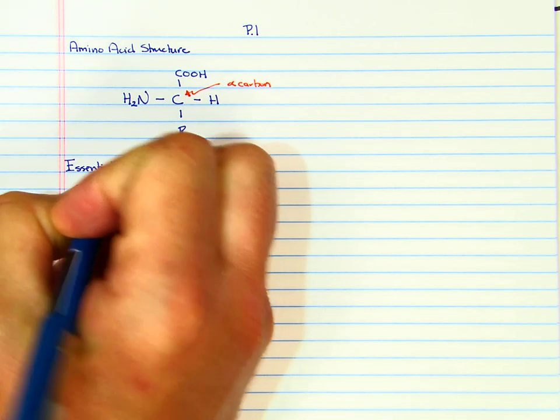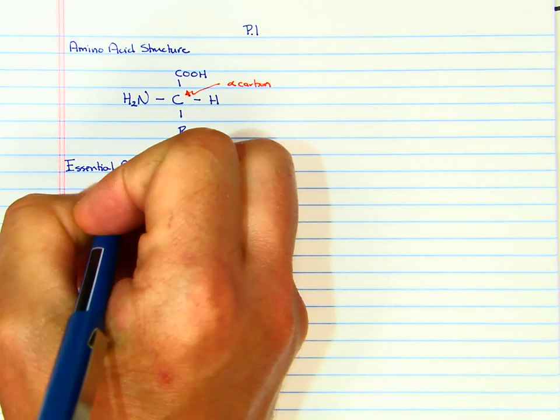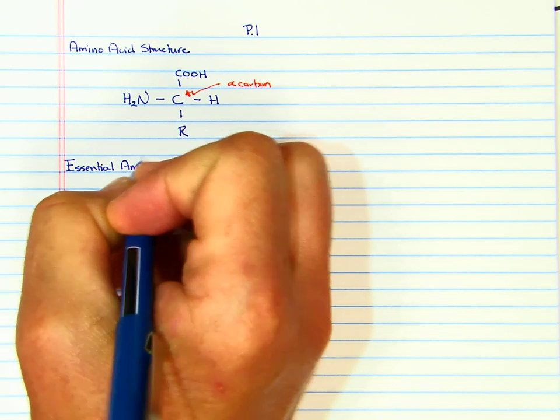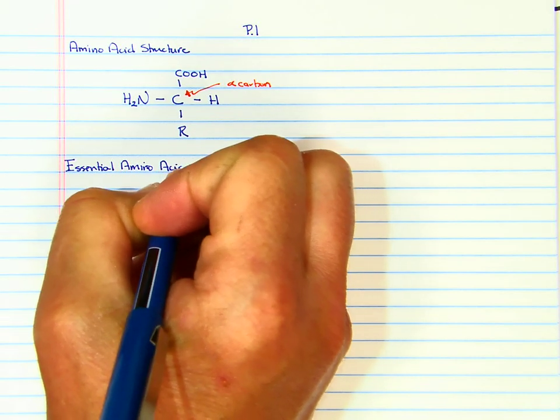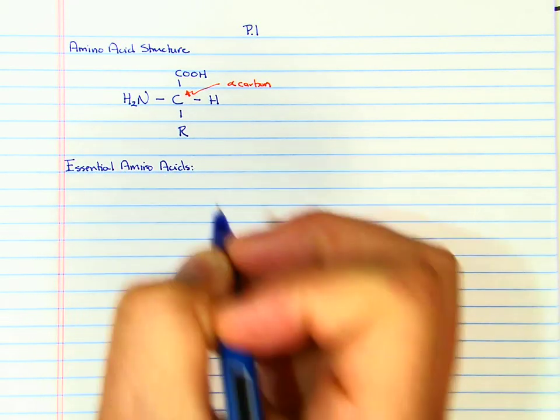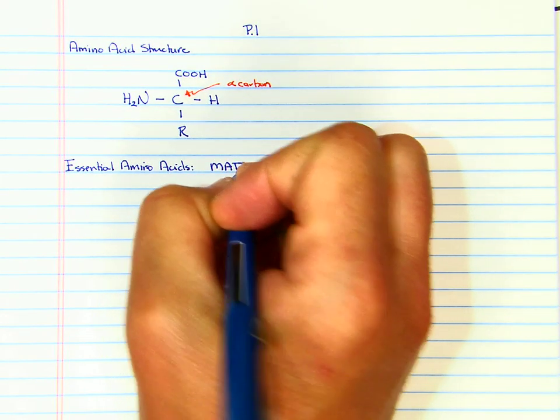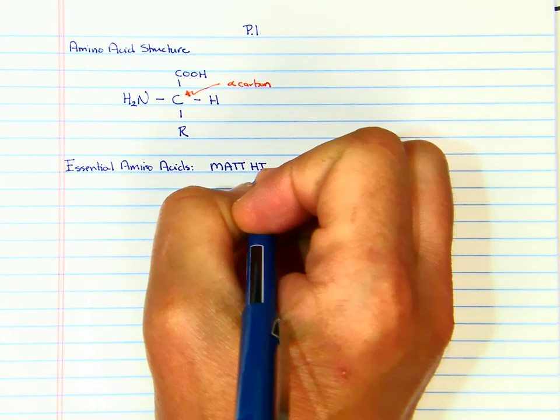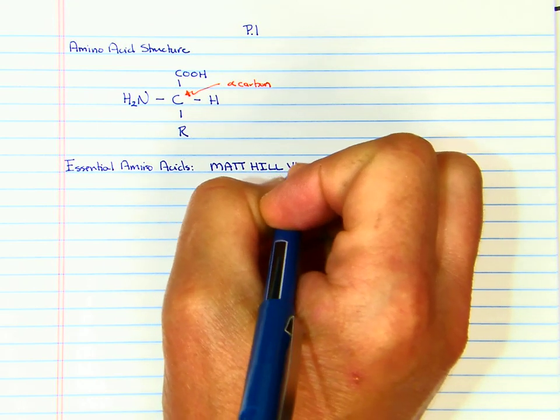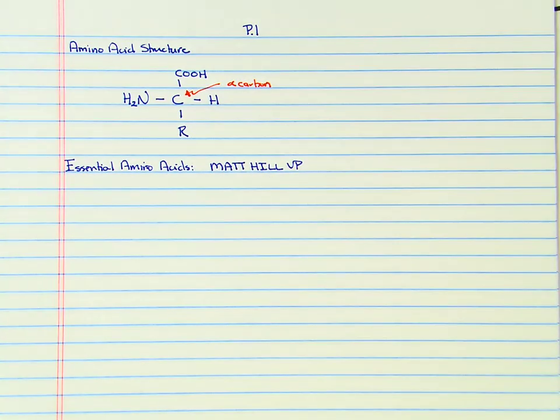Okay, the essential amino acids. We'll talk about what makes them essential in a second. There's a device to help you remember them: Matt Hill, VP, or you can do Private Tim Hall, or lots of different ones.